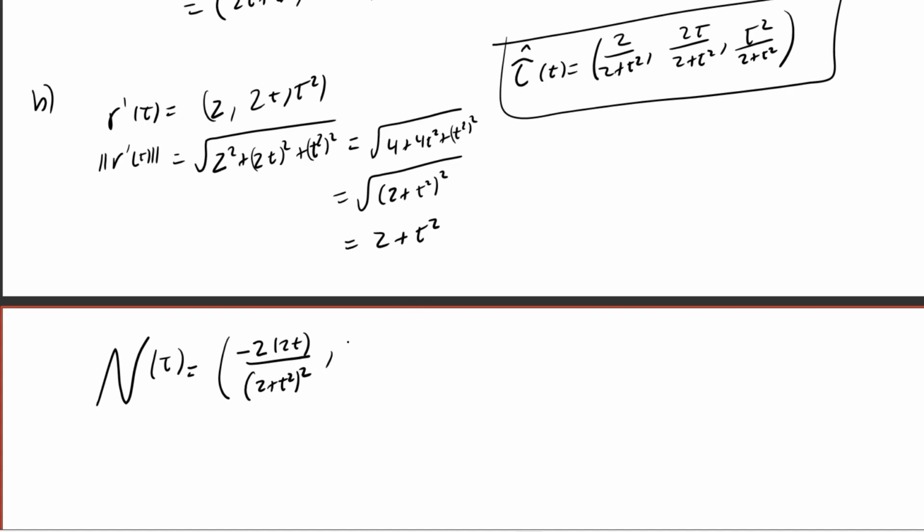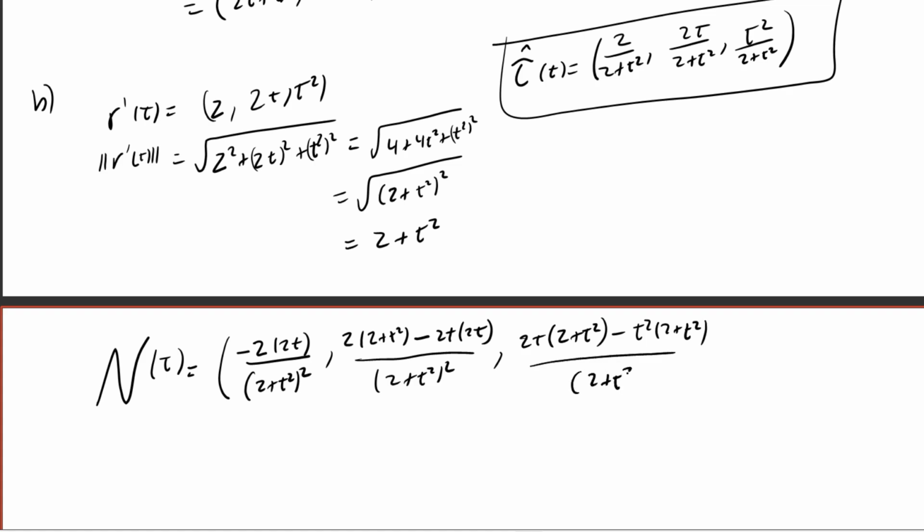Then for the second component, low 2t, 2 plus t squared, and so on: 2 times 2 plus t squared minus 2t times 2t over 2 plus t squared squared. And finally for the third component, we have 2t times 2 plus t squared minus t squared times 2 over 2 plus t squared squared.